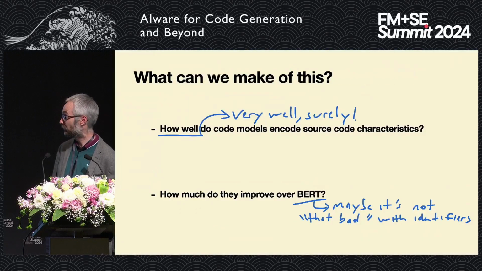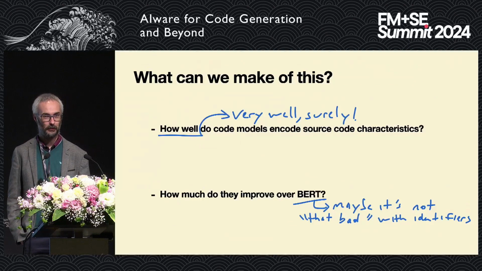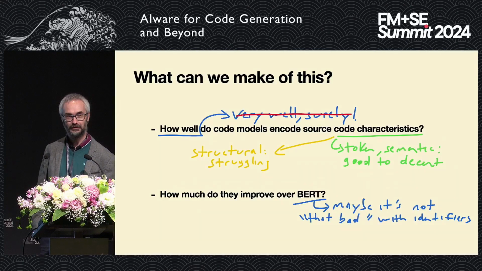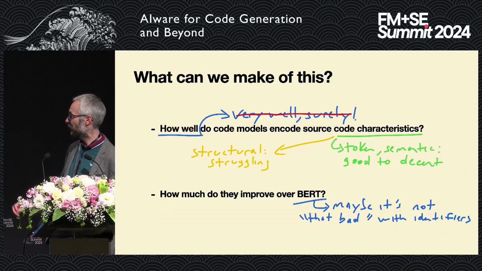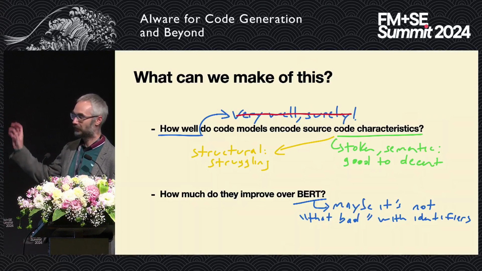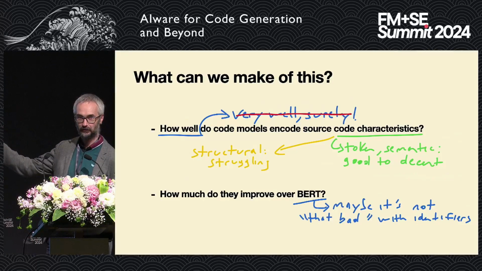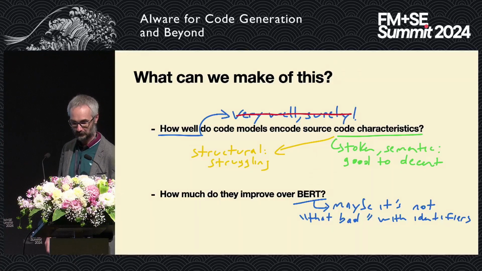So here were my predictions. Here is what happened. I thought the models should do well in encoding these features. For some categories of tasks, the token level and semantic tasks, the performance was good to decent. But for the structural tasks, the models were struggling. And I thought that BERT would be comparatively better with tasks related to identifiers.